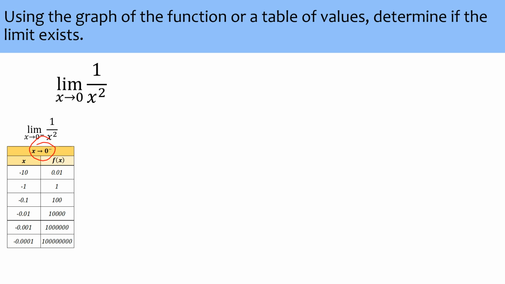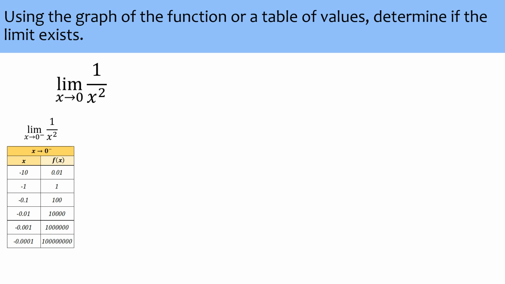As you can see here, the values of the function f of x become bigger and bigger, and positive. Why are they positive? Because I have a square in the denominator, so a negative value squared would always yield a positive value.